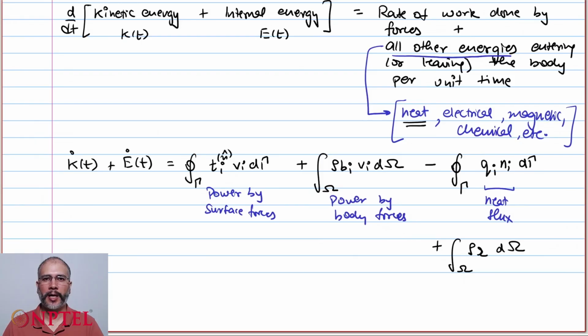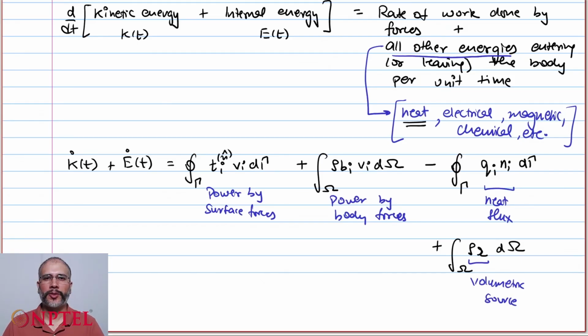And to this, I add another term, which is a volume integral, which includes all other energy that's being either generated or being lost from the volume elements inside the body. So an example of this could be an interaction with the electric field that results in the heating of each and every volume element in the body.